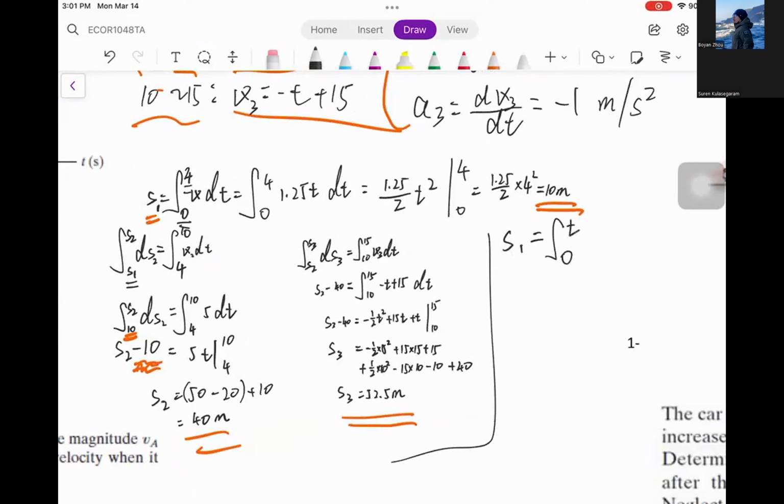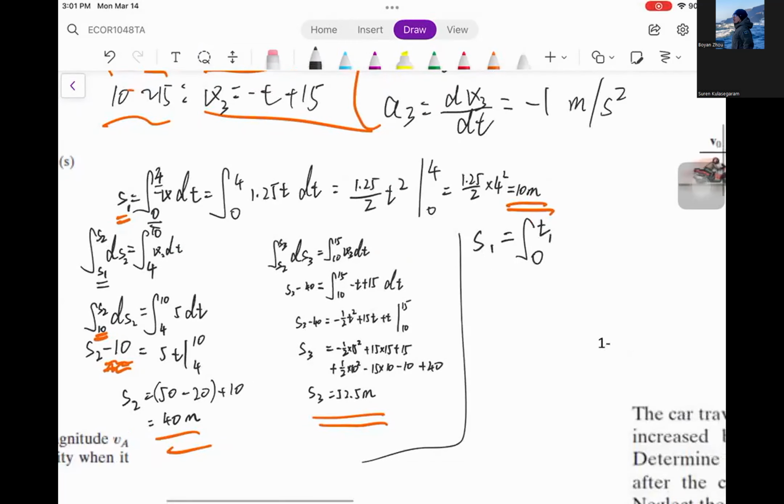Instead, we're going to set up the boundary from 0 to T1 seconds. And T1 here is going to be the variable that we need to find. So from 0 to T1, anything else is the same.